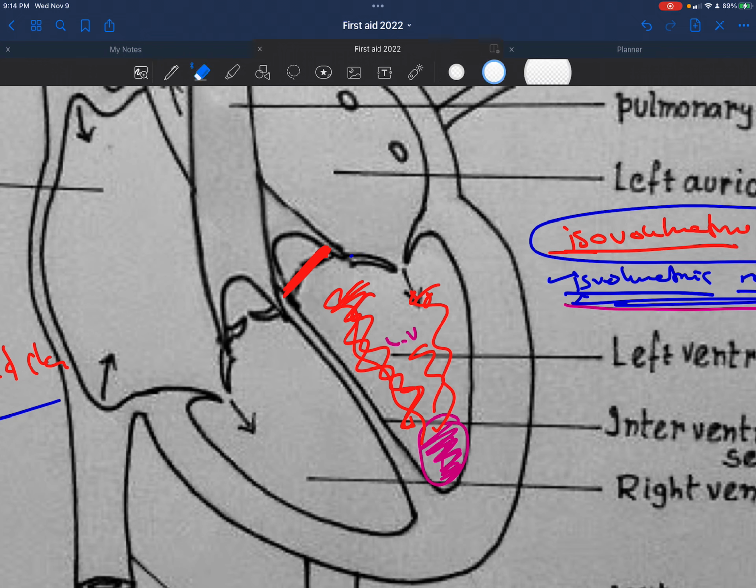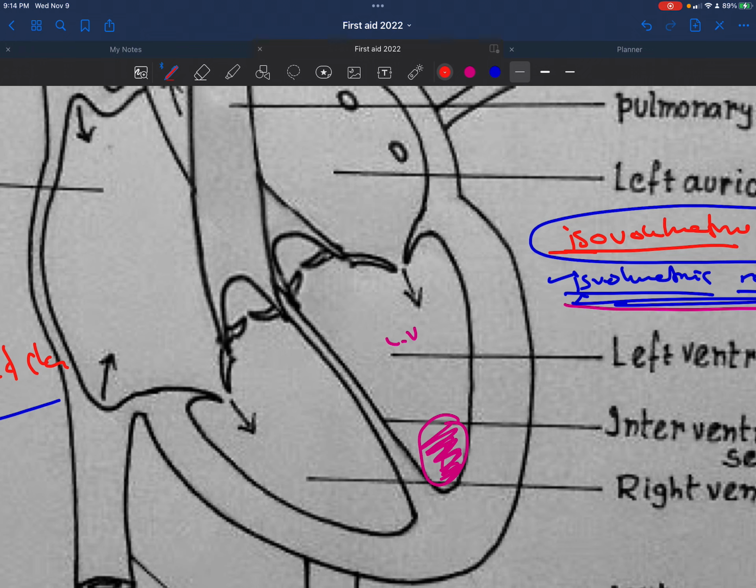Okay, let me do this one by one. So what we have is a closed aorta, and there is blood in the left atrium that needs to go into the left ventricle. So now, of course, the mitral valve opens, allowing this blood in, allowing the ventricular filling.